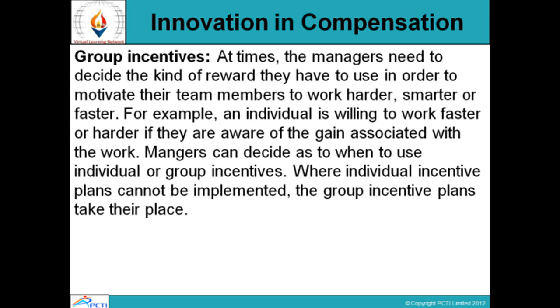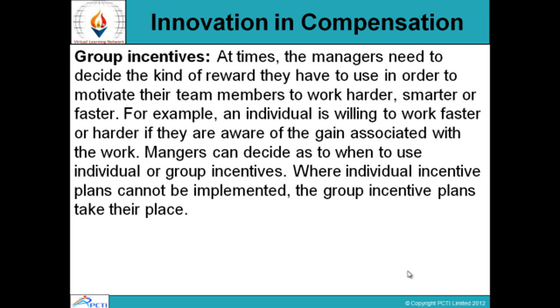Next are the group incentives. At times, managers need to decide the kind of reward they have to use in order to motivate their team members to work harder, smarter, and faster. For example, an individual is willing to work faster or harder if they are aware of the gains associated with the work. Managers can decide when to use individual or group incentives.